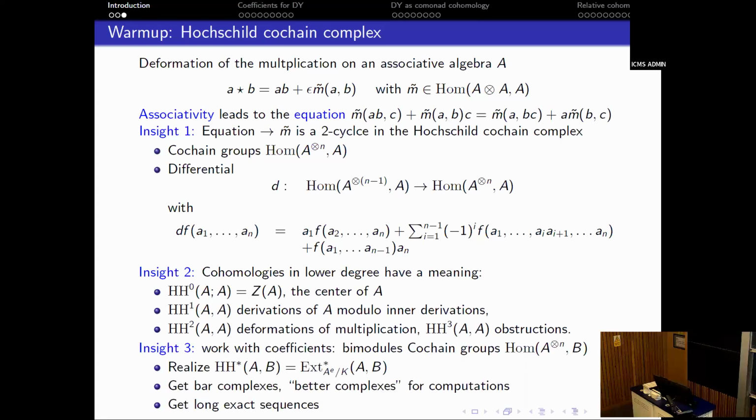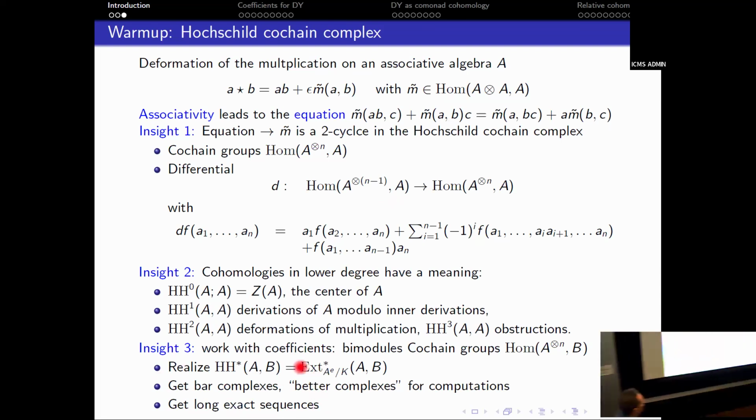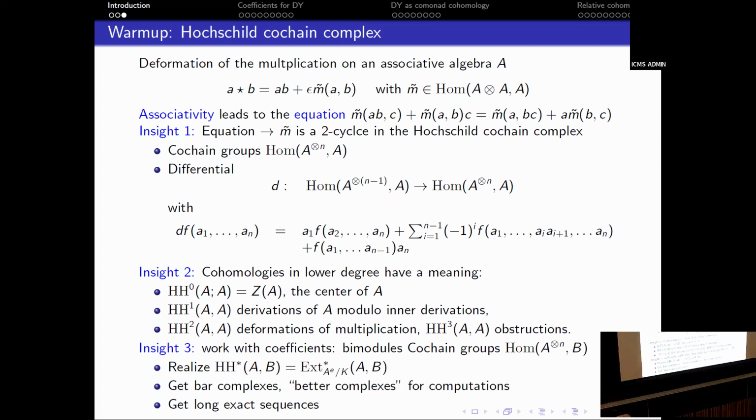And finally, let's recall why it is so nice to have Hochschild cohomology with coefficients which are bimodules. That's because it automatically leads you to complexes like bar complexes, which are very big in practice, but helpful for theoretical purposes. It also allows you to understand what better, shorter, more tractable resolutions are. And we get long exact sequences, which are, of course, fantastic tools.